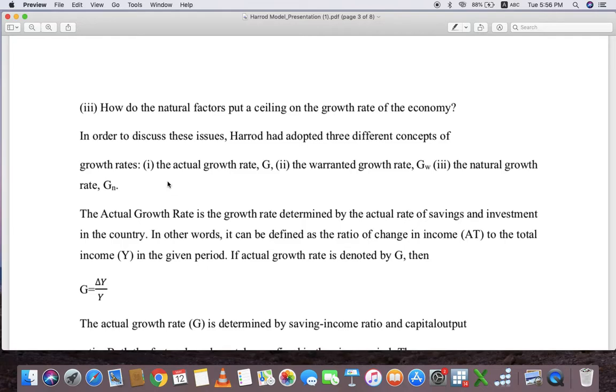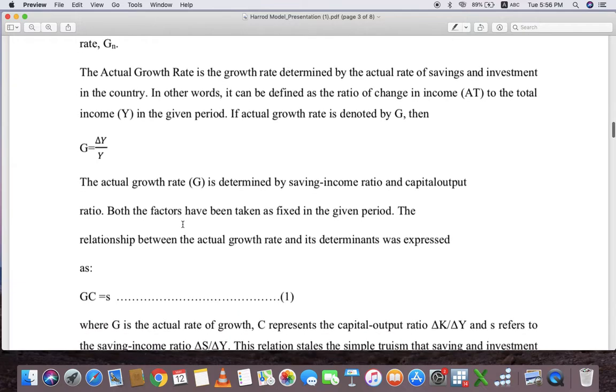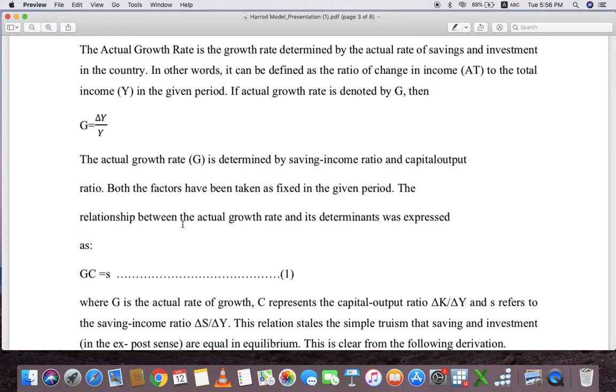The actual rate of growth is determined by both the saving income ratio and the capital output ratio. Both factors are taken to be fixed at a given period of time, and the relationship between the actual growth rate and its determinants is given by equation 1 of the Harrod model.